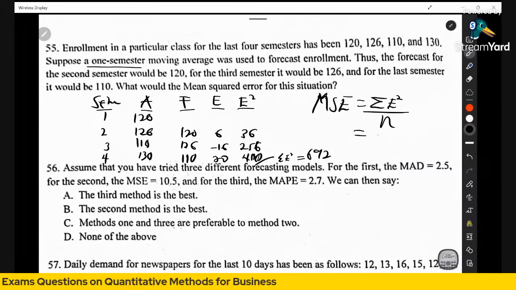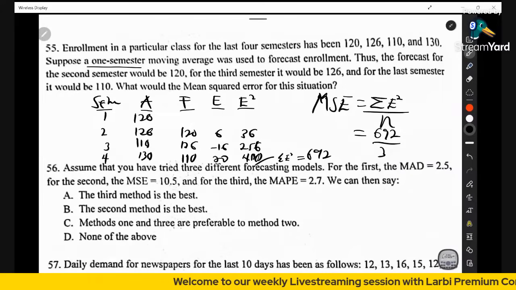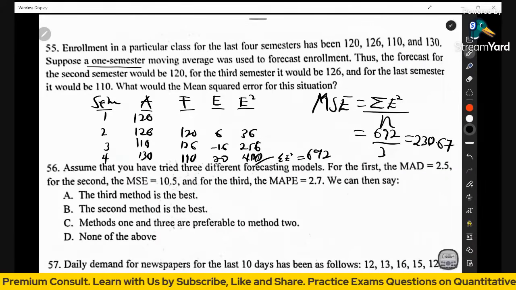The sum of square errors was 692, and how many numbers are we using? From 2 to 4 is 3, so divide by 3. In my case, I got 230.67 in 2 decimals. That is my mean square error.